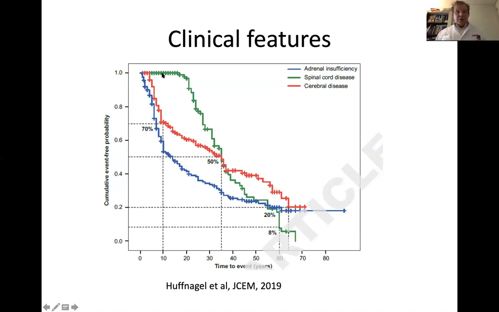Eventually virtually all develop the spinal cord disease, but that takes much longer and can sometimes develop really late in life. Then superimposed is the cerebral disease, which eventually affects more than 60% of patients, but it's very unpredictable. There seems to be a peak in childhood, but it can also occur later in life.